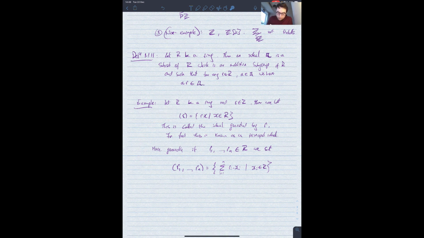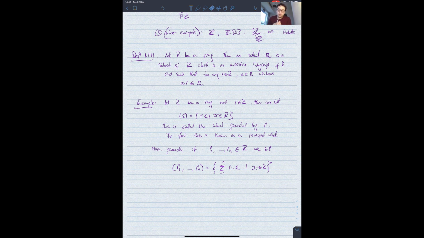Towards the later parts of the course, we're going to be studying special rings and the ideals in them, and it turns out that principal ideals like this one are very easy to deal with. But once you start getting ideals with more generators, things get more and more complicated. We're going to have rings where we want to study whether an ideal is generated by a single element, so whether it's principal or not.